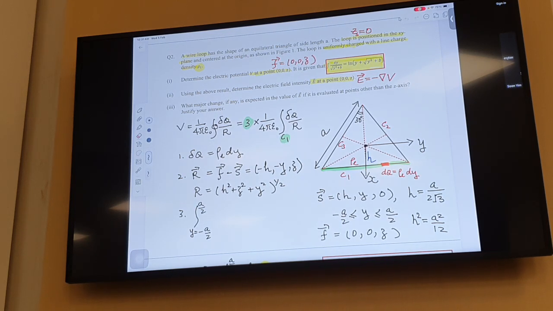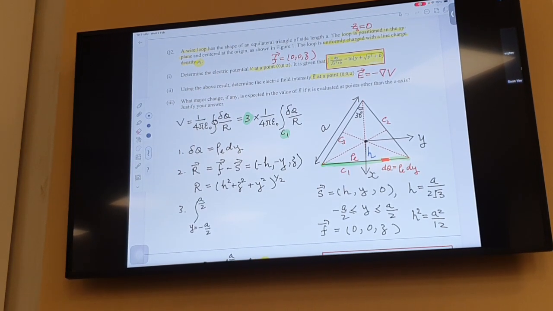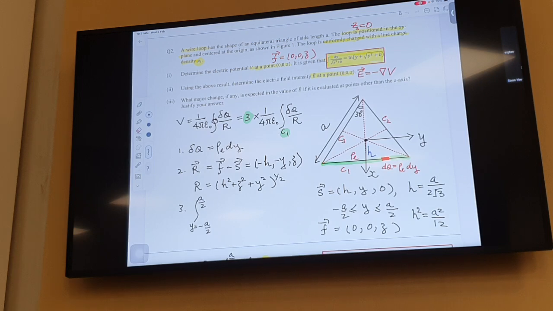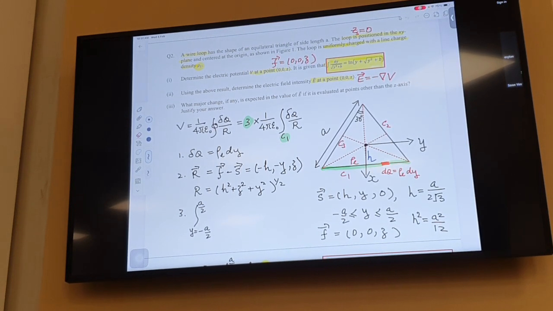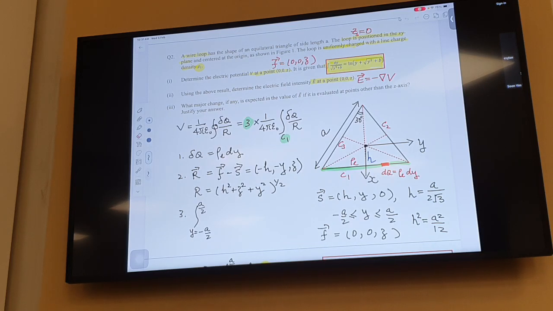Now how about x? You found that along this wire here, because it's at the center, if the length here is a, this will be x equal to minus a over 2, and y is along y. For x, this is the x axis, so along the y axis, x equal to 0. So every point along the y axis has x equal to 0, and along this wire here, every point has x equal to h.